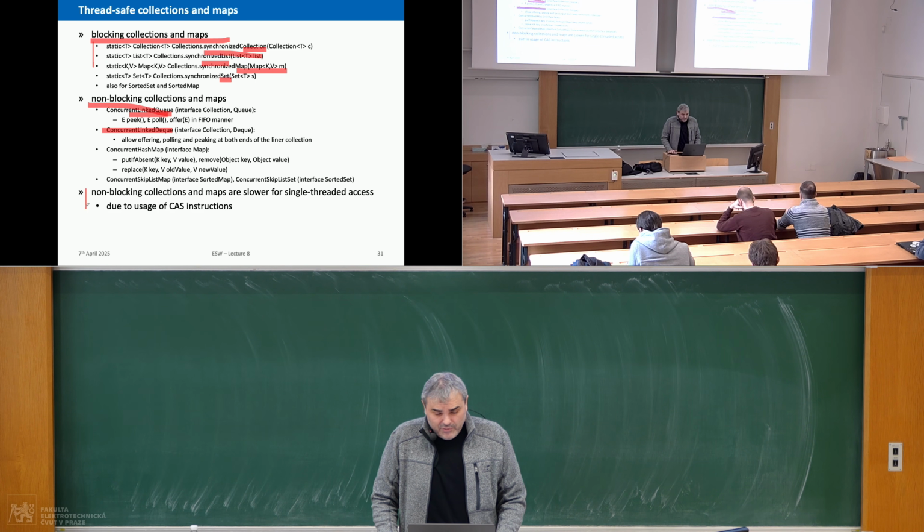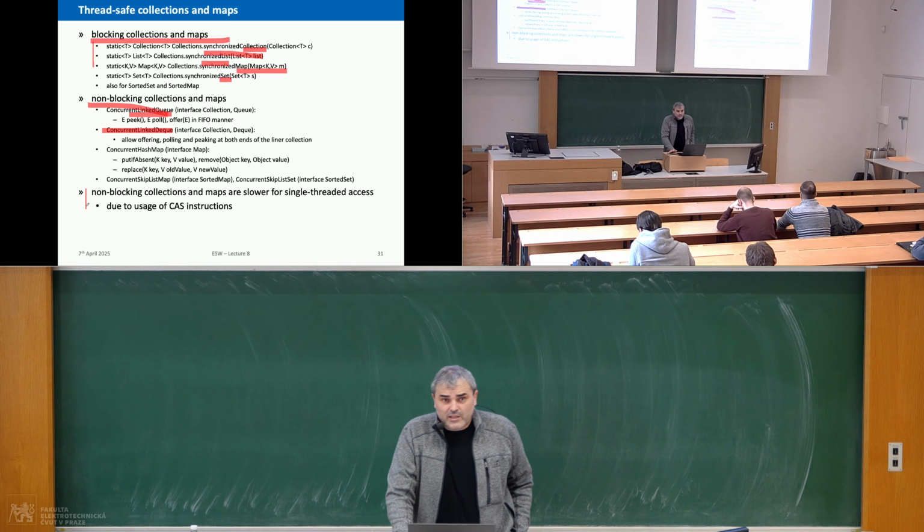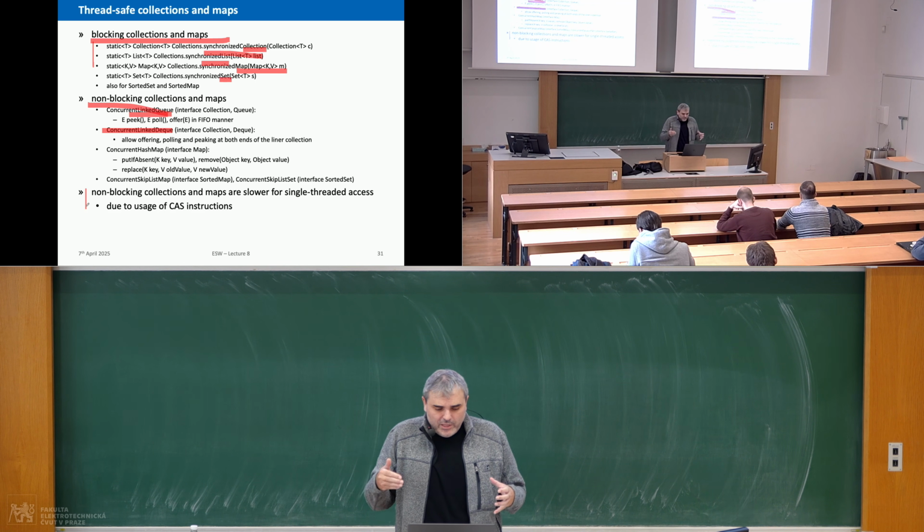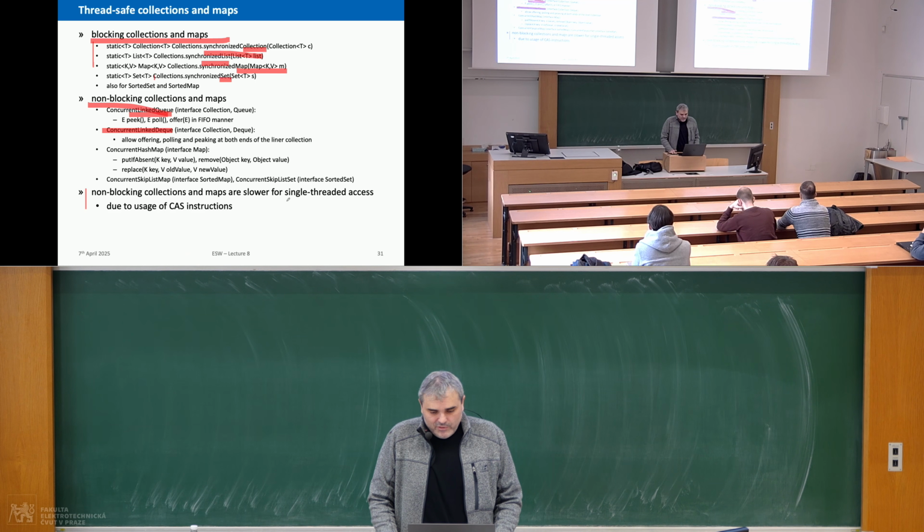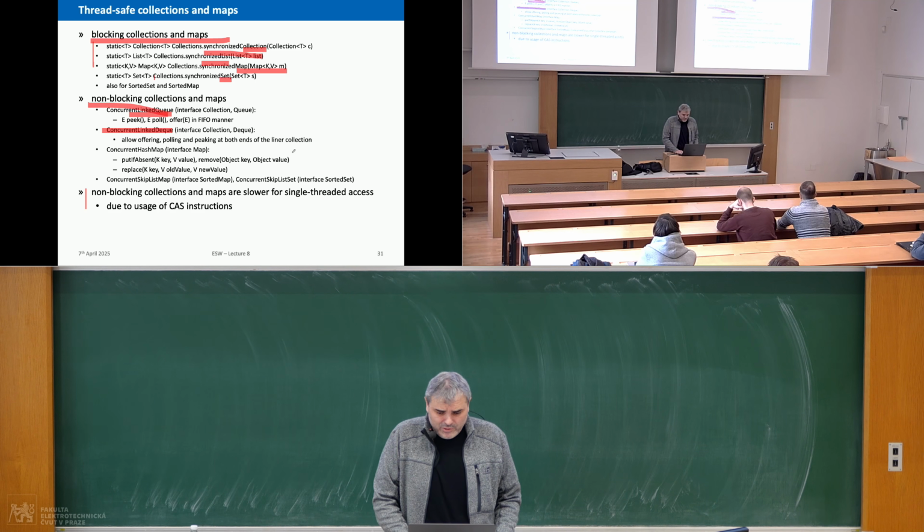And this is still valid, like I mentioned in the previous case. If you don't have that concurrency, it's better to use standard collections because of the elimination of the synchronized keyword. In this case, if we really have multiple threads, it's better to use the non-blocking version because there is no synchronization, no blocking, and no overhead of context switching and so on.